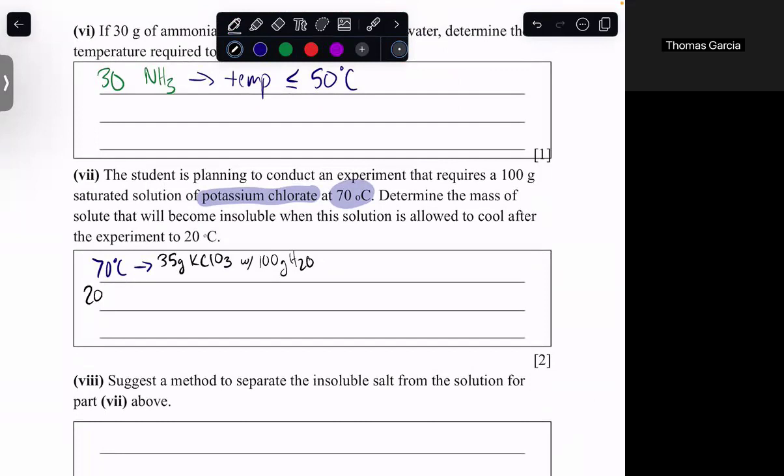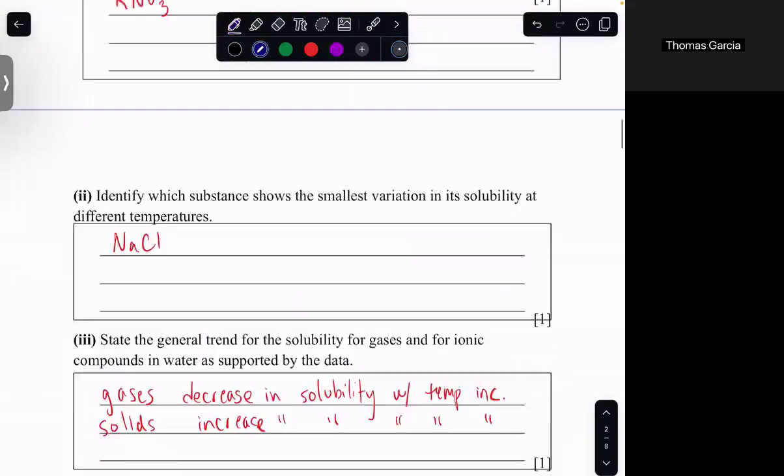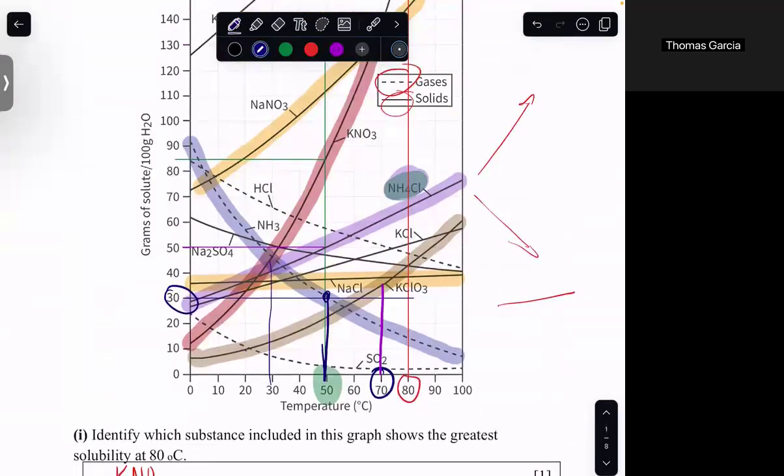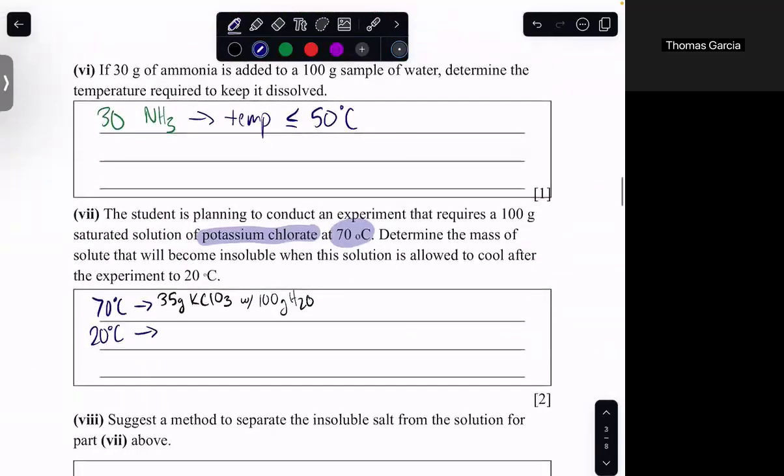At 20 degrees Celsius, that one's a bit easier. We have 10 grams KClO3 with 100 grams H2O.